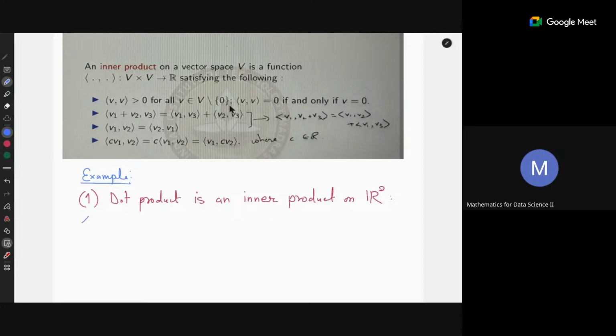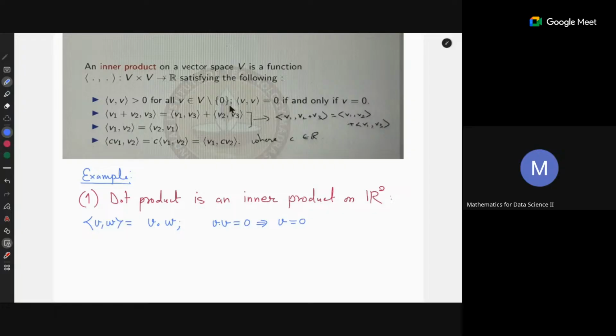My dot product is defined as v comma w is v dot w. If v dot v is equal to 0, that means v is 0. That we already know from the dot product definition.